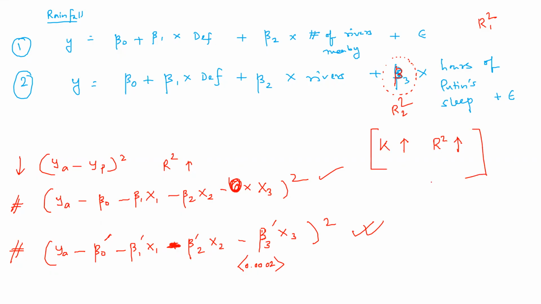Actually, that is a problem with any sum of squares. A square plus B square plus C square will always be higher than A square plus B square. So even if C's value is very low, it will be higher than that. And that's a problem in this particular situation.